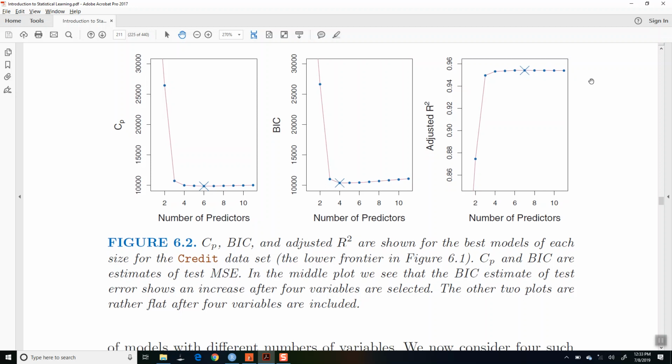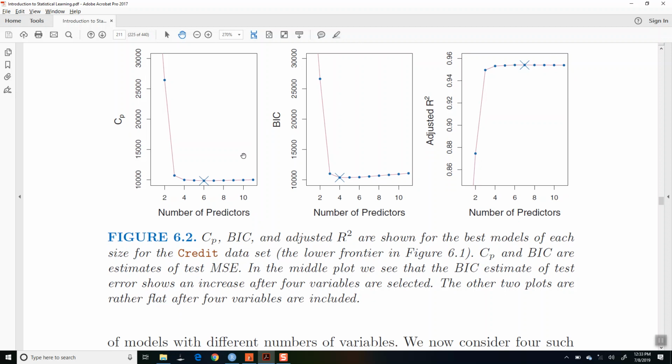Basically, both AIC and BIC introduce a penalty for having too many predictors, okay? And BIC imposes a heavier penalty than AIC. So practically, BIC will favor fewer predictors than AIC. BIC says 4 is the best number of predictors, and AIC or Cp says 6 is the best number of predictors.